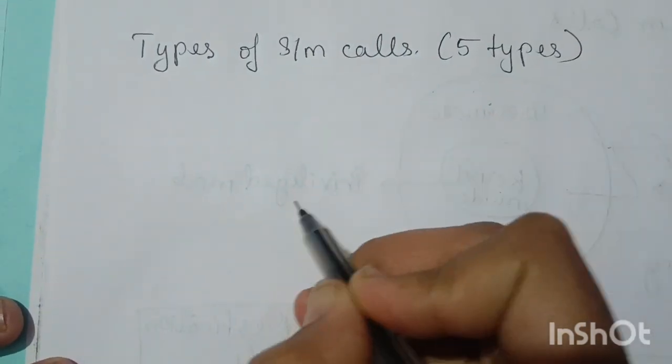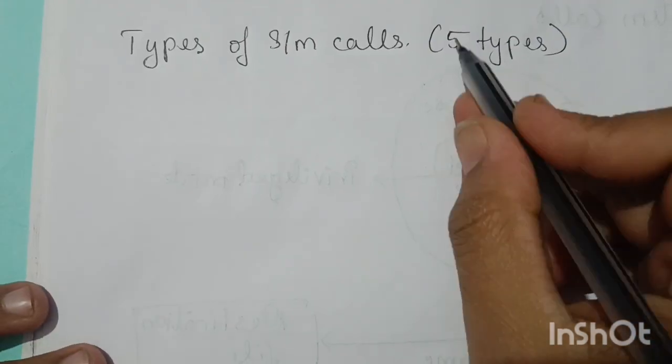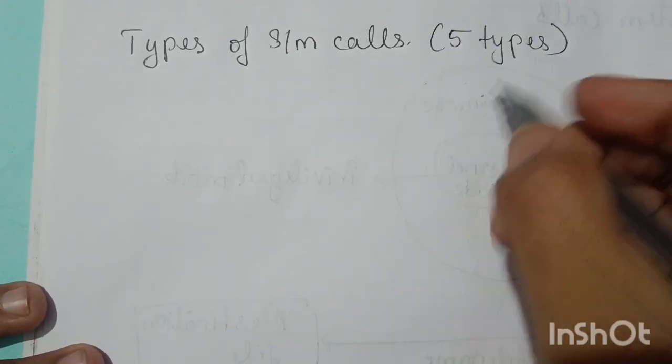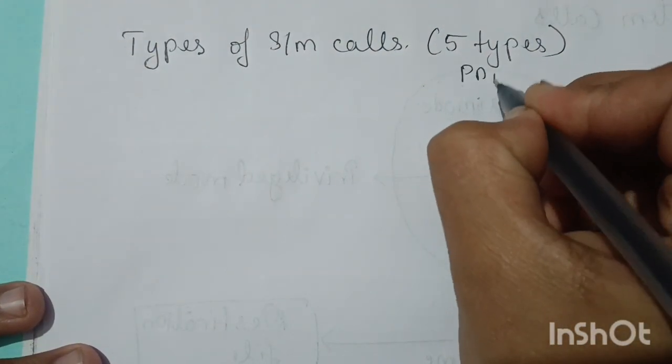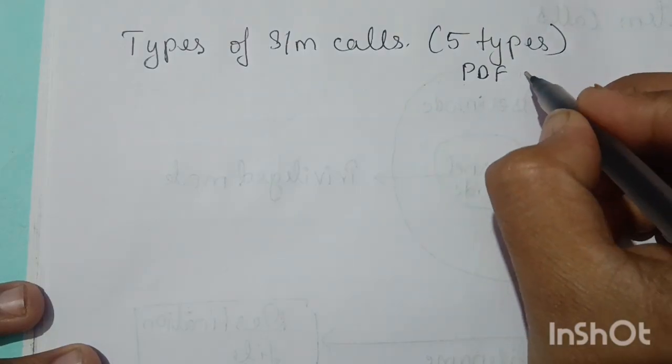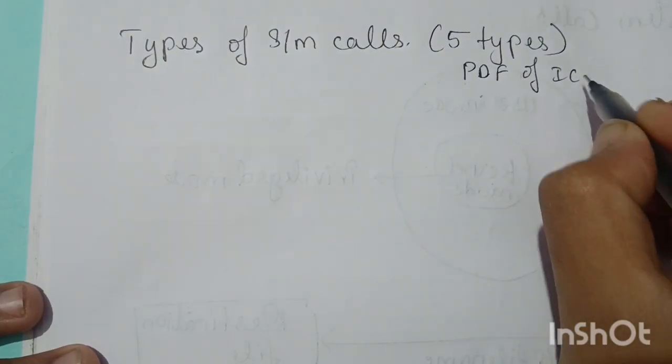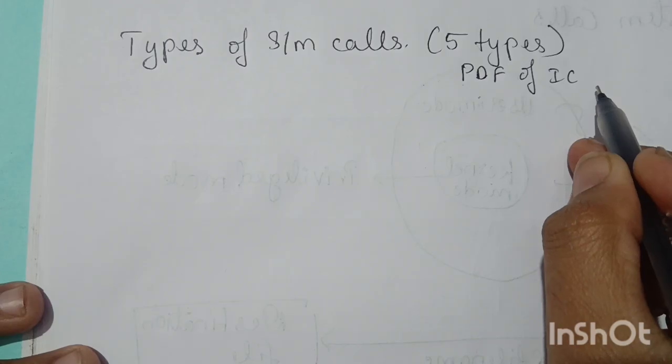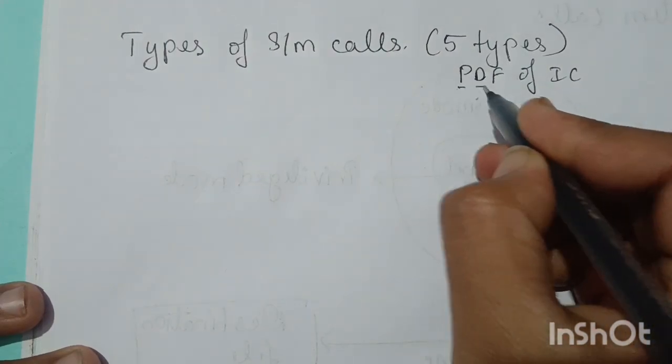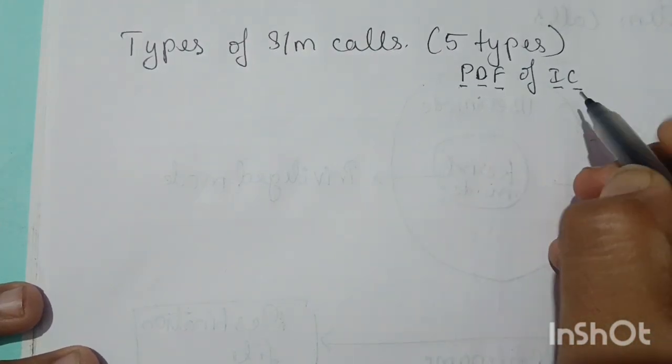Now, one short form to remember the types, using only the initials, is PDF of ICE. I have written ICE but not E, so PDFIC, only these I'm going to take.